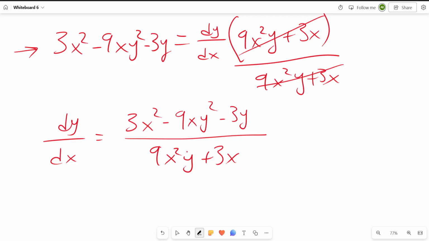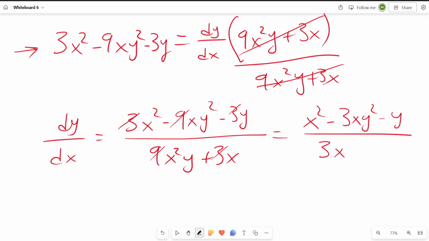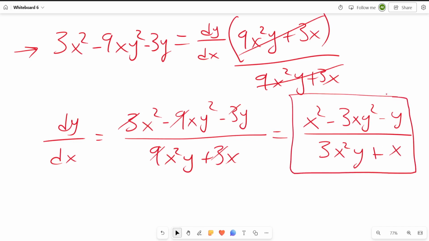So what I can do from here is basically I can see that I can divide 3 from everything. So this is going to be 1, this is going to be 3, 1, 3, 1. So this is going to equal x squared minus 3xy squared minus y over, 9 divided by 3 is 3, x squared y plus x. And this is going to be my answer for dy by dx.